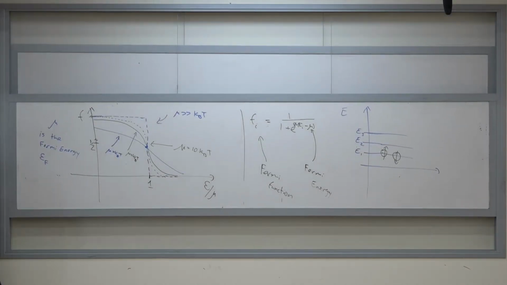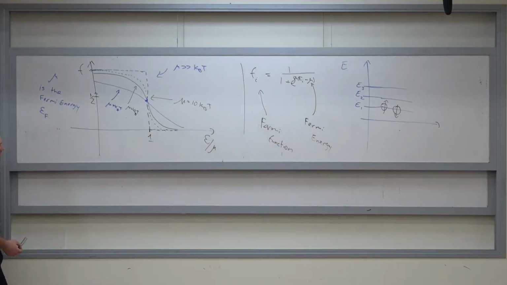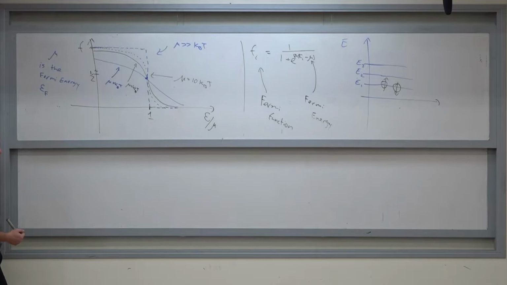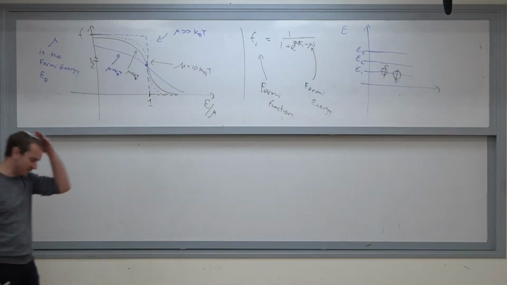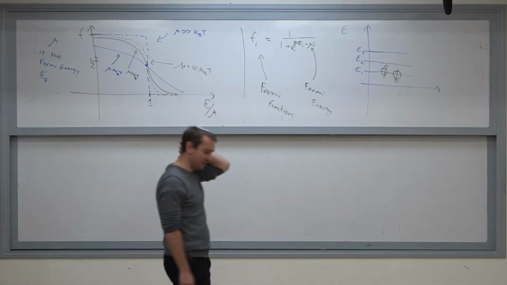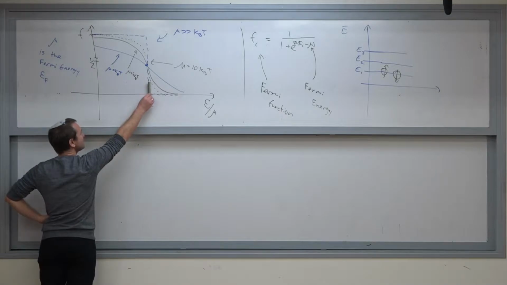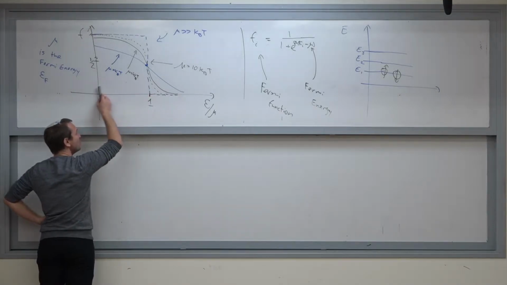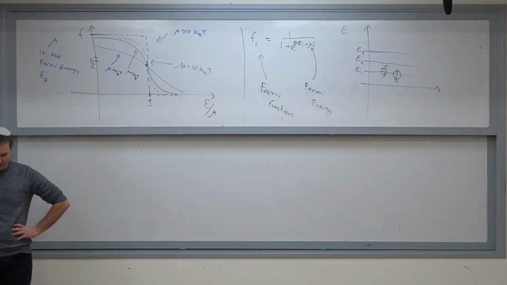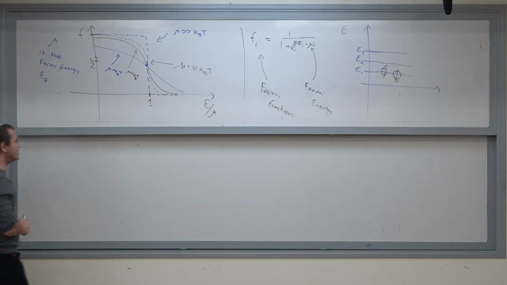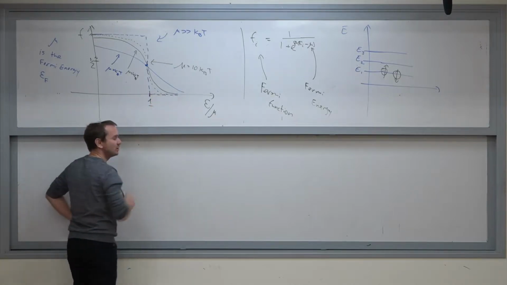Now, what we learn from this graph is that for very low temperatures, we have a very distinctive Fermi energy, or a Fermi level. At low temperatures, the system is going to occupy all the levels up to this energy, E Fermi, and none of the states that have energies above E Fermi is going to be occupied.